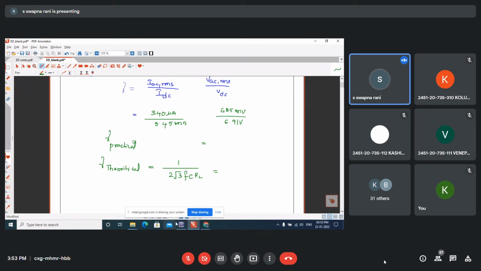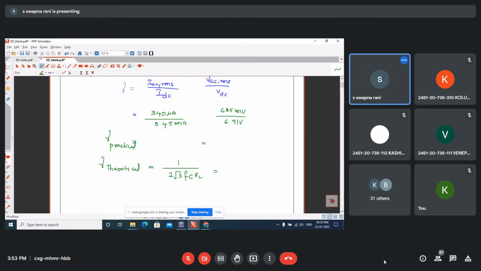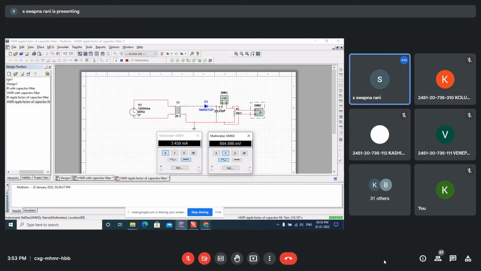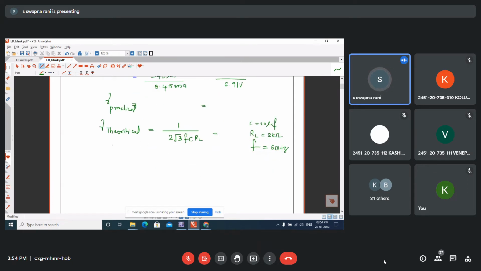I have connected a 2 kilo ohm resistor. C is 22 microfarad, RL is 2 kilo ohms, and f here is 60 hertz. So on substitution, the practical ripple factor will be approximately the same as the theoretical.